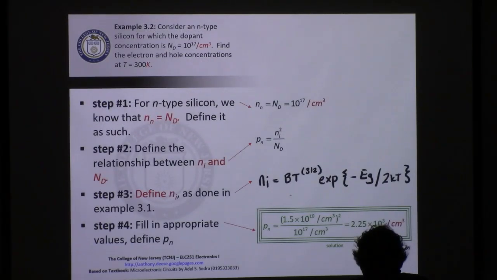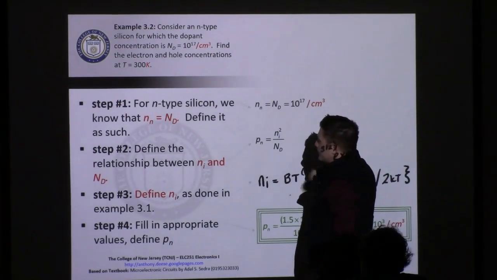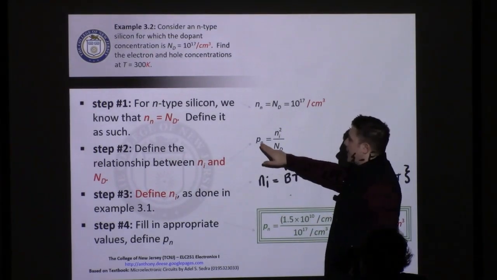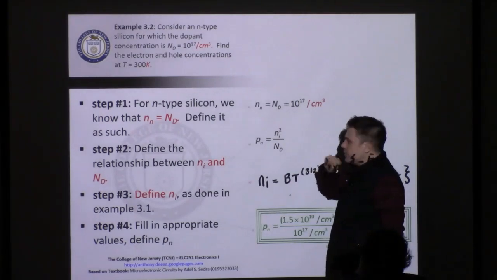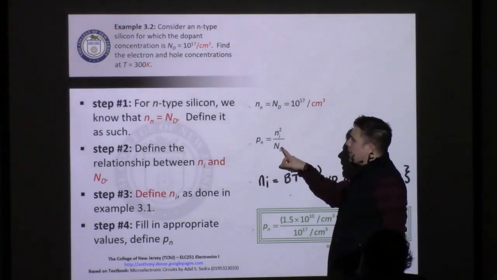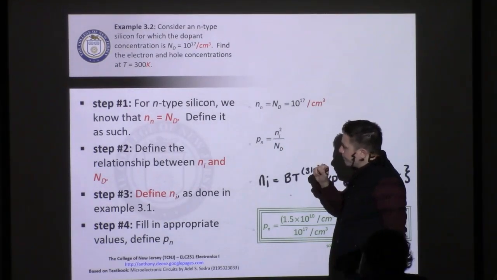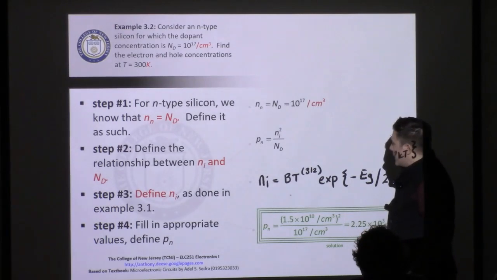Okay, so this we already answered. Step 2, define the relationship between Ni and Nd. Again, we know the minority charge carrier concentration is equal to the intrinsic value squared divided by either Nd or Nn. They're both the same. Before we can use this, we need to figure out what Ni is.